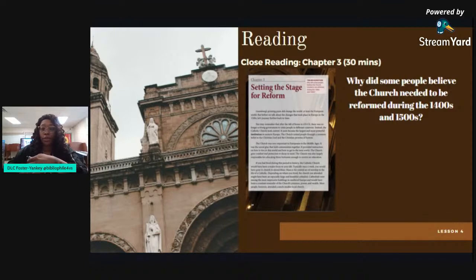Afterwards, they're going to let the students know that they're going to reread parts of chapter 3, Setting the Stage for Reform. And then they'll explain that during the second reading, they're going to be focusing on details used by the author, such as certain vocabulary words and sayings and phrases, to gain a deeper understanding of the influence and practices of the church and why some practices needed to be reformed.